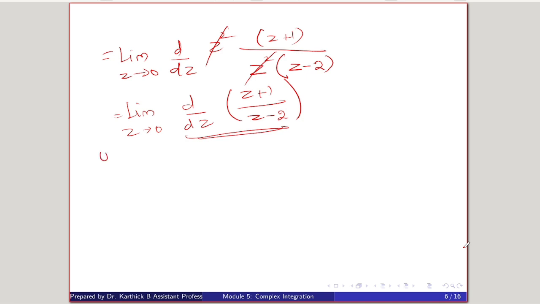We have the formula (u by v) dash equals v u dash minus u v dash by v square.